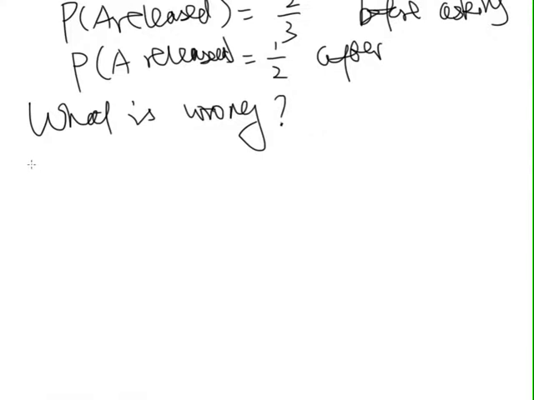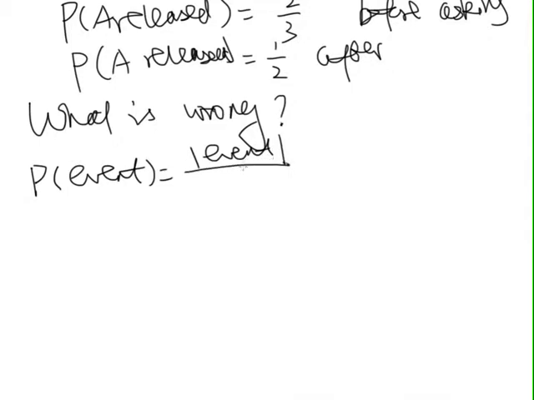In other words, he calculated the probability of this event by dividing the size of the event, which is the number of sample points, over the size of the sample space.